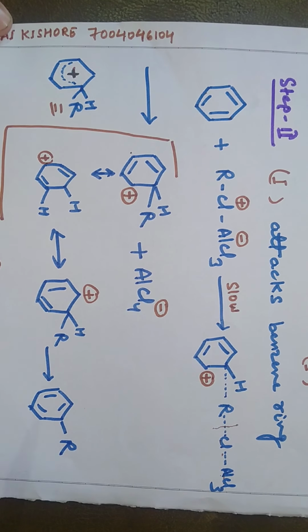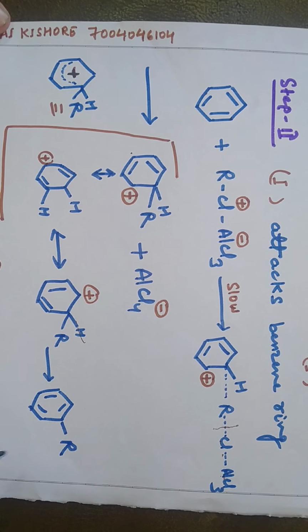Now ultimately what happened? This H leaves the position. As a result, if this H leaves its position by giving its electron, then aromaticity is maintained, and we have this product. That means the desired product we got here.